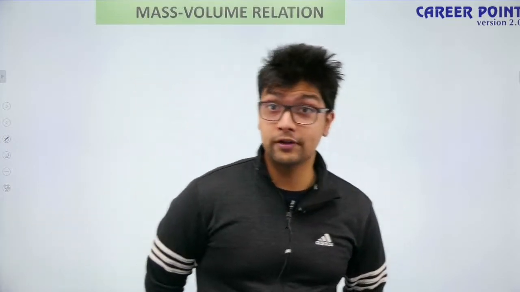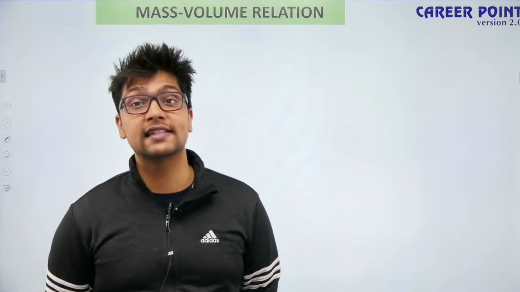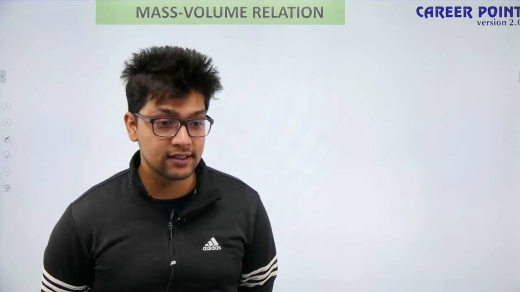So I hope you are thorough with mass relationships. So today we will talk about mass volume relationship. This is the second part of the series, which will help us to understand stoichiometry and the limiting reagent with somewhat more clarity. Yes, it's clear to Naveen.